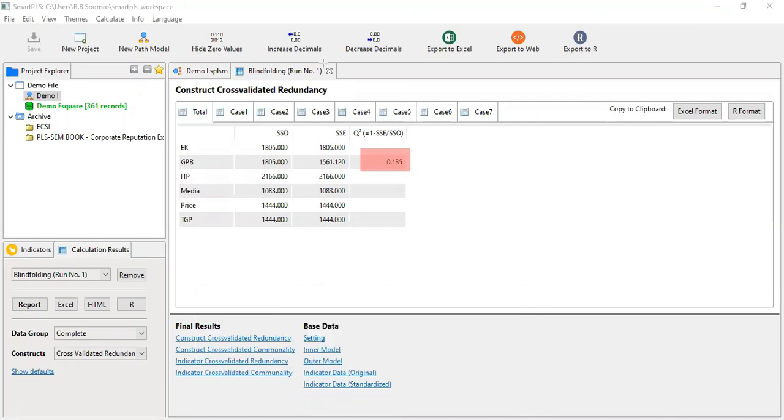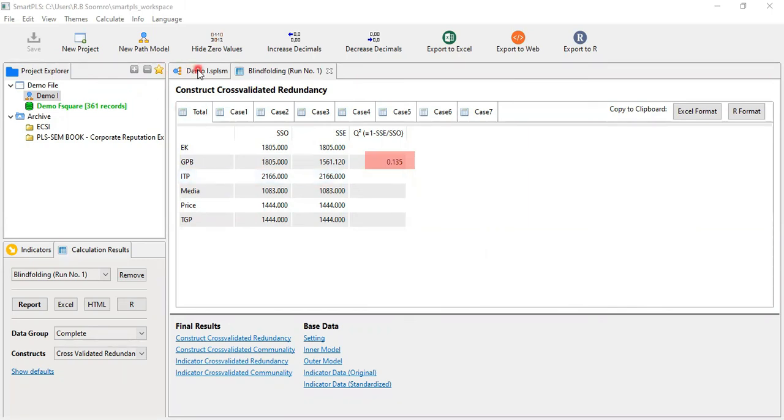That's very easy. The value has been calculated by the SSO and SSE. So the Q square is calculated as 1 minus SSE divided by SSO. So now this value shows that we are quite higher than 0. So that means it has a good predictive capability for this model.